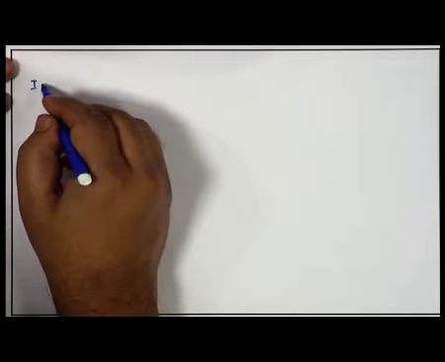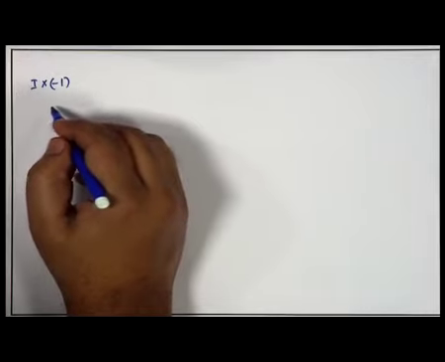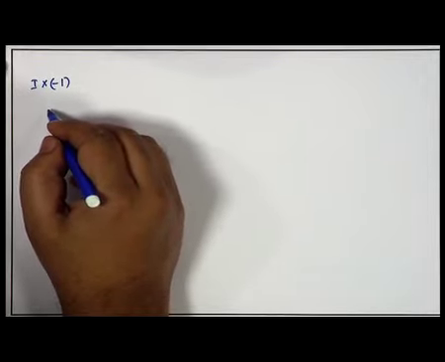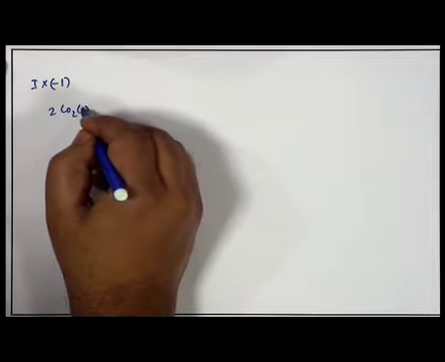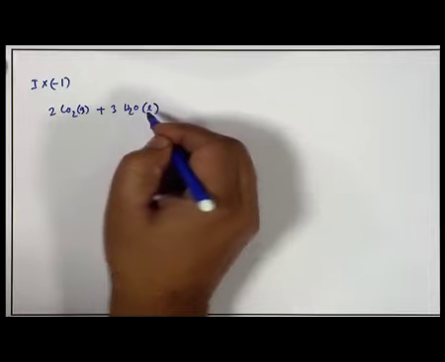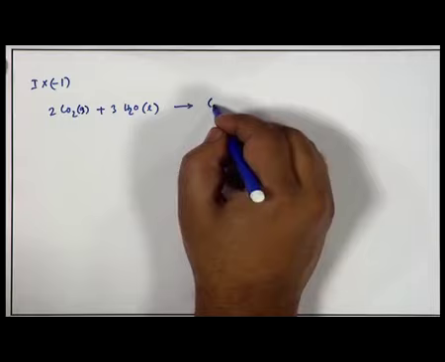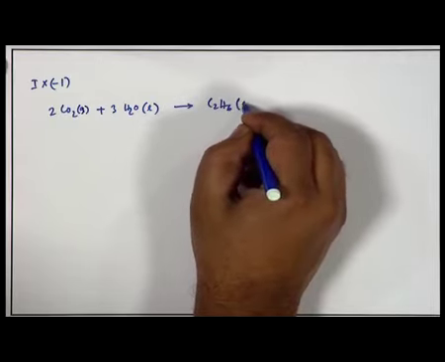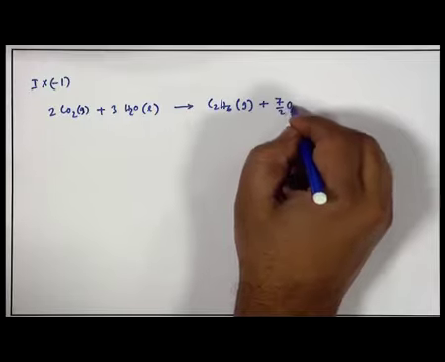reaction 1 and multiply it by -1, because I want to reverse it, which will give us 2 CO2 gas plus 3 H2O liquid going to C2H6 gas plus 7/2 O2 gas.